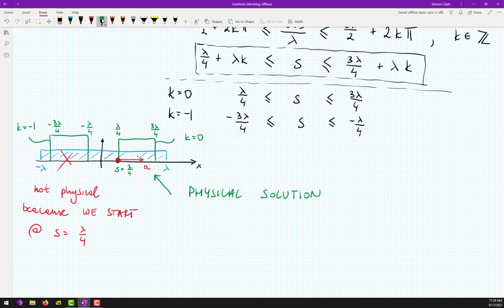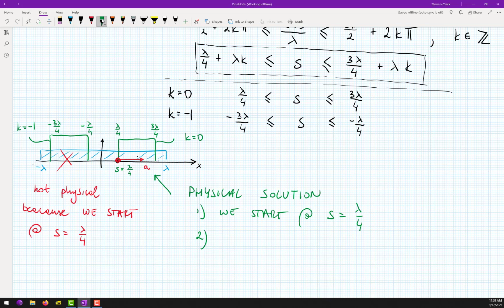For two reasons. First of all, we start at s equals lambda divided by 4, which is one of the bounds of that region. And second, we start moving inside the region, because our vector a points to the right side.